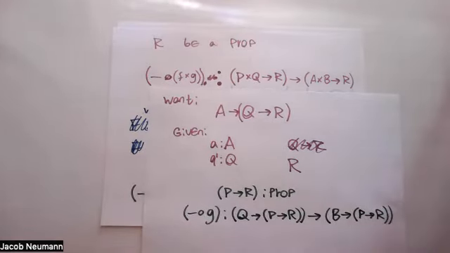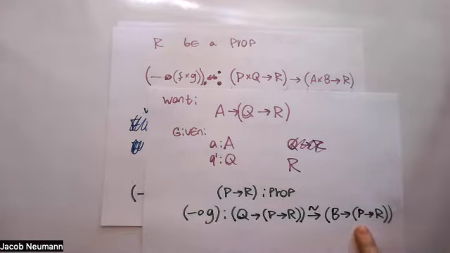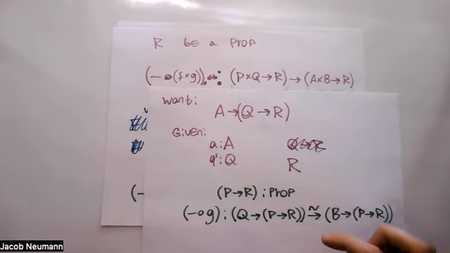Okay, so we're almost there. So if we want to get something of type Q arrow P arrow R, we will construct something of type B arrow P arrow R, and then use that to get it.